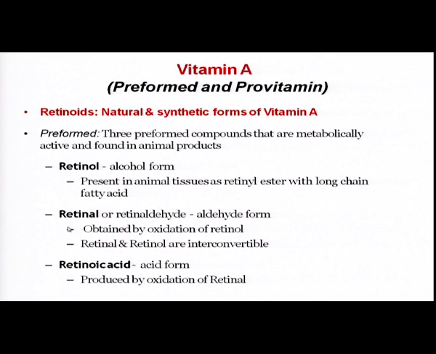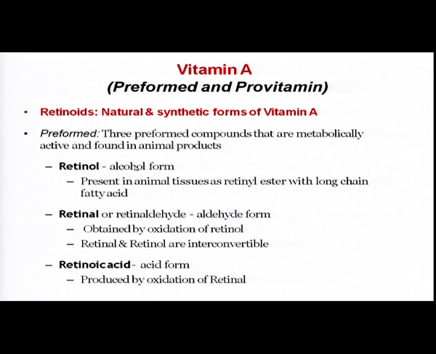So, once vitamin A goes inside our body, it undergoes certain metabolic changes and becomes very active, and you find it in 3 different derivative forms: the retinol form, which is the vitamin A form, then retinal, which you call retinaldehyde, and then the other form we call retinoic acid.